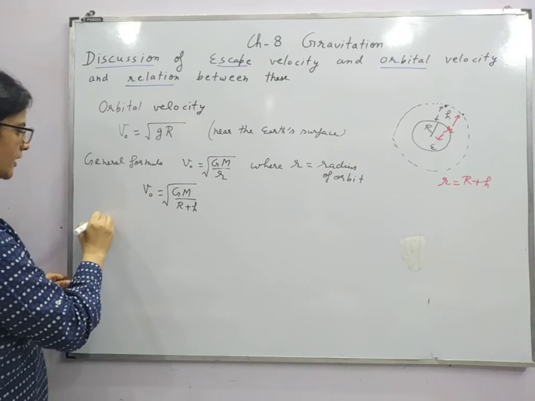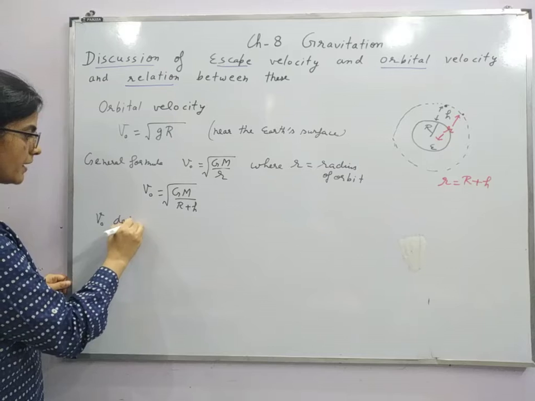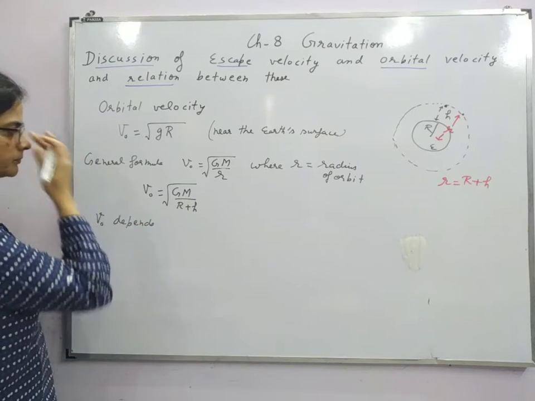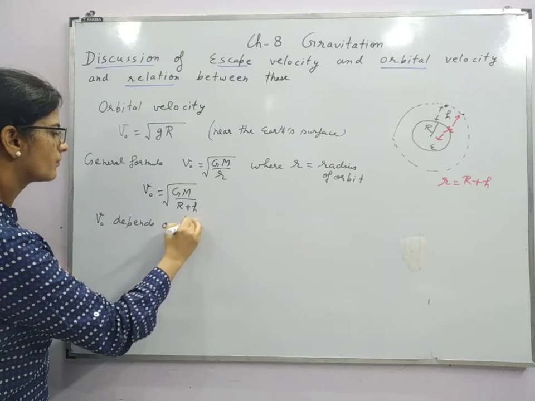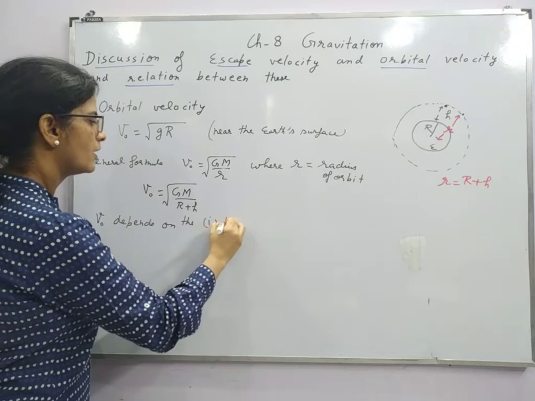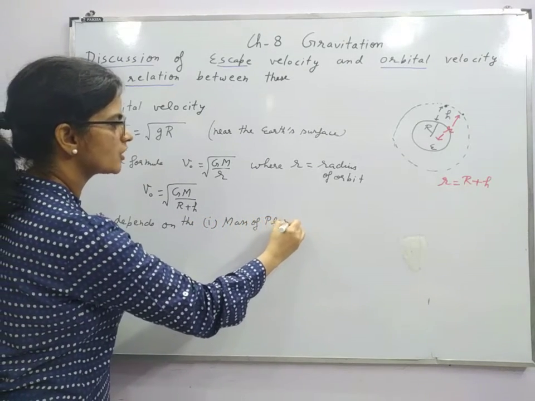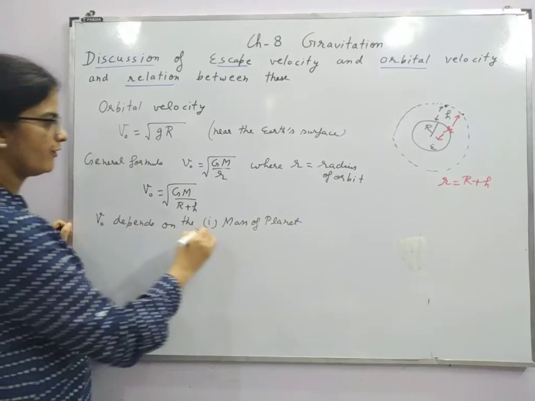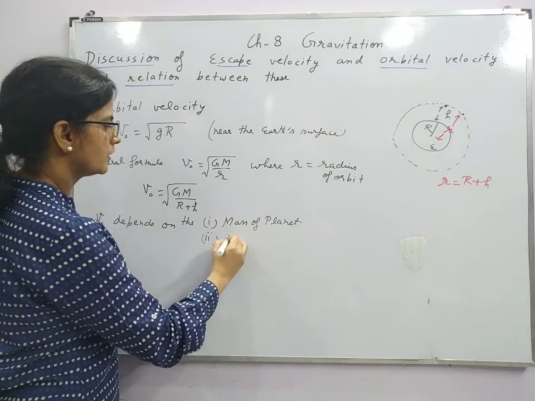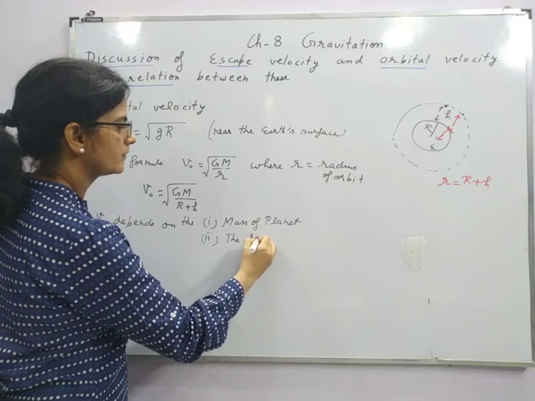So this shows that V naught depends on the mass of the planet around which the satellite is revolving. Second, the radius of the planet.